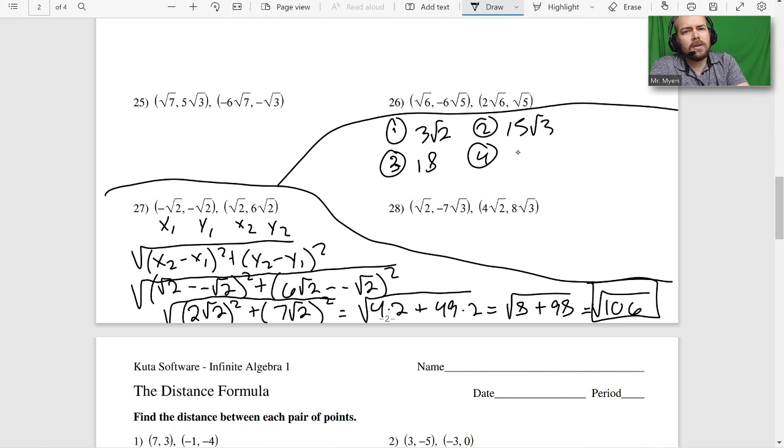9 times 2 is 18. Okay. So square it. 15 squared is 225 times 3. 225 times 3, 675. And let me check that in the calculator just to be sure, but I'm pretty sure I did that mental math fine. Just wanting to be careful. 15 root 3 squared. Yeah, okay.